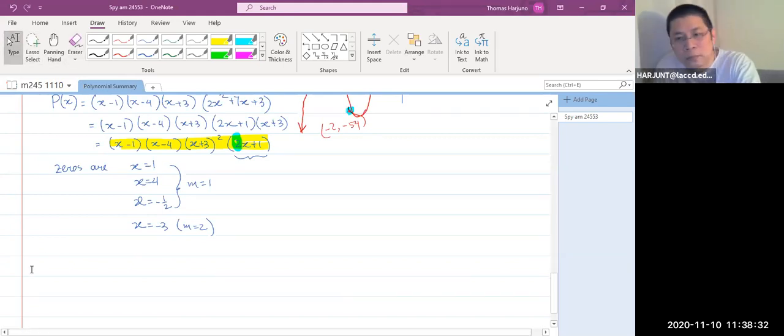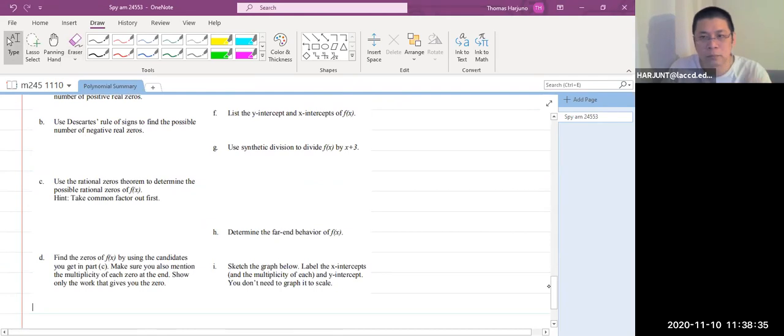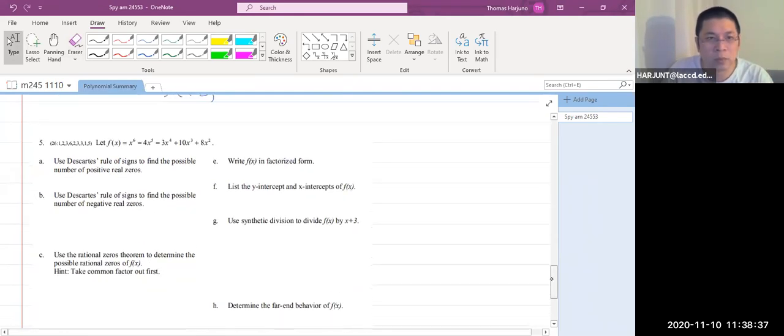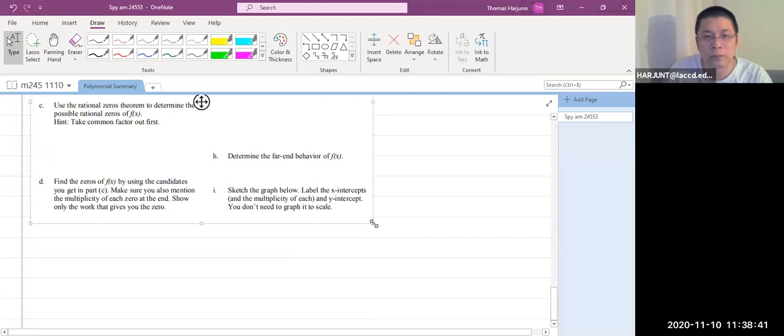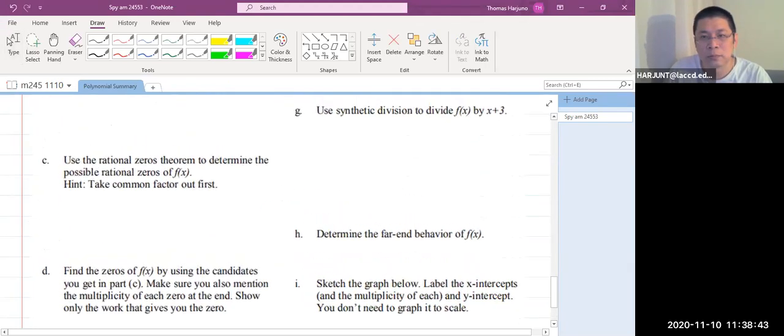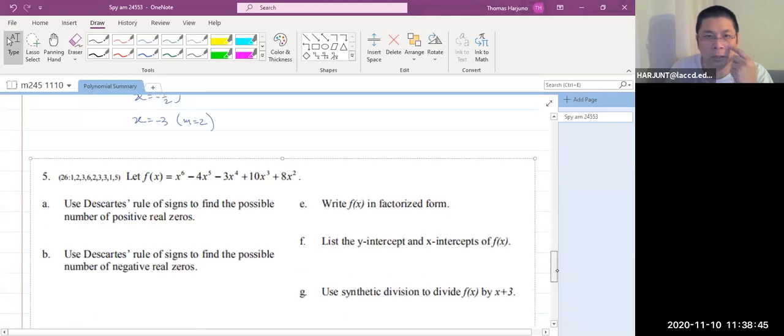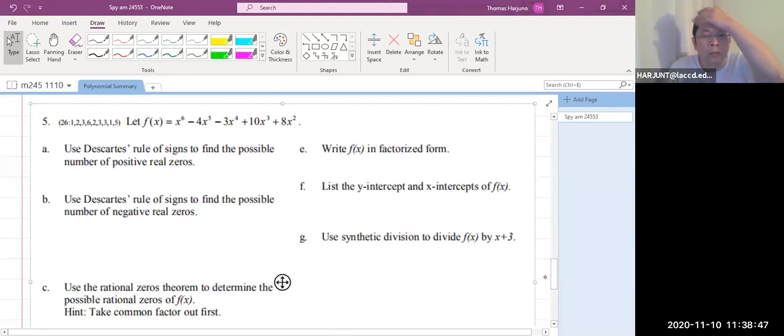Let me enlarge this so that we can see it better. Let f of x equal this.